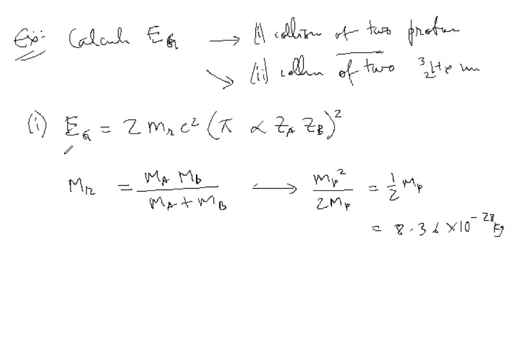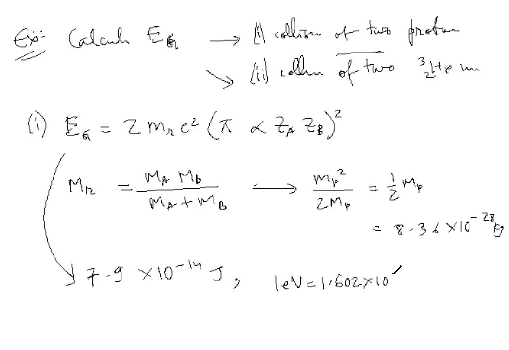With this it is possible to estimate this value, and if you do the estimate you will see that it comes out to be 7.9 into 10 to the power minus 14 joule. Again, we know that 1 eV is 1.602 into 10 to the power minus 19 joules.